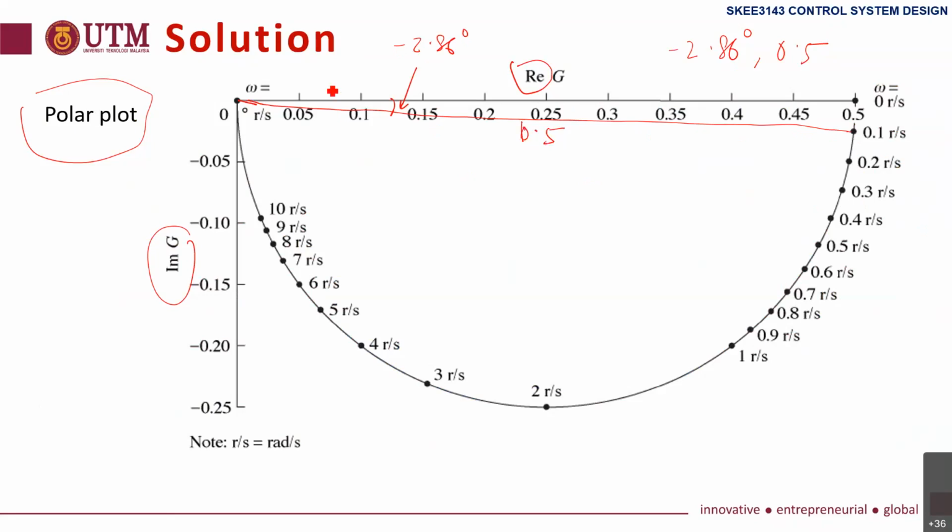The magnitude means the length. So we get this point. This point has angle minus 2.86 and length 0.5, and we label it at the point 0.1 radian per second. This is how to get a point in the polar plot.